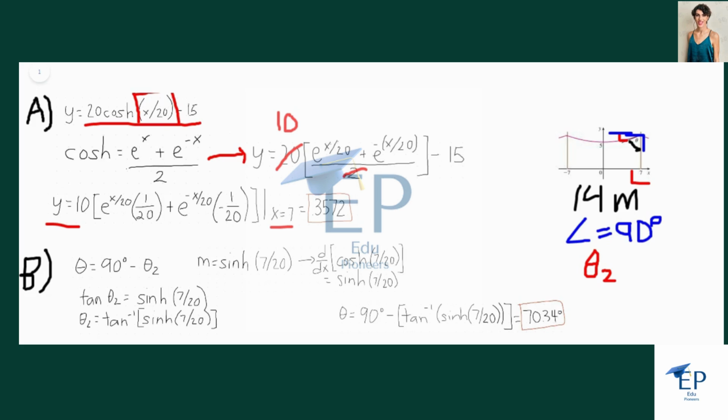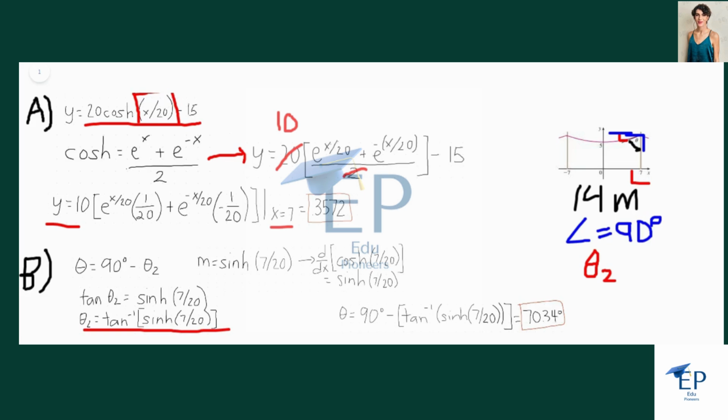So the slope, or tangent of theta 2, the red angle over here, is equal to that slope found in part A. When you rearrange everything, you get that theta 2 equals the inverse tangent of sinh of 7 over 20, to isolate theta 2.